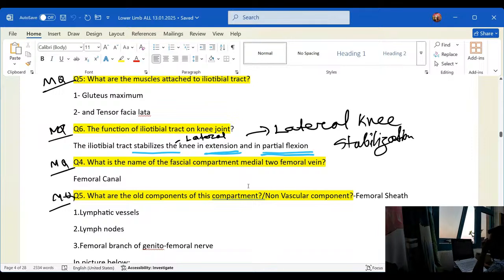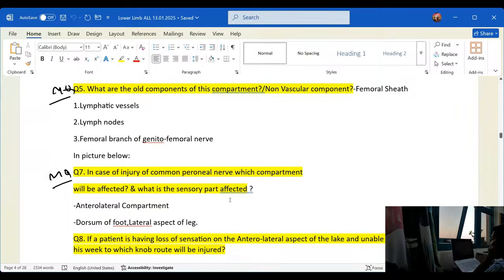We have lymphatic vessels, lymph node, and the femoral branch of the genitofemoral nerve.